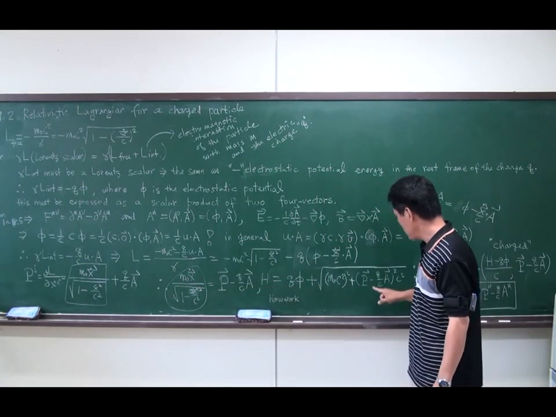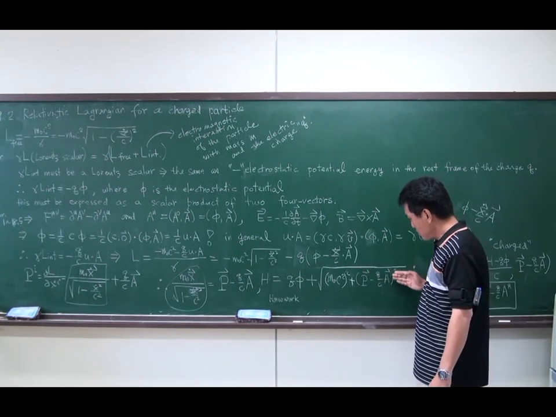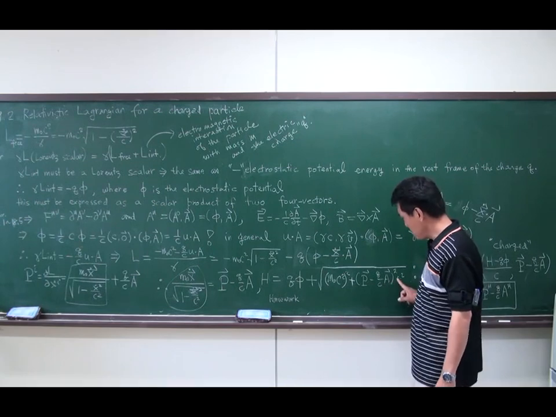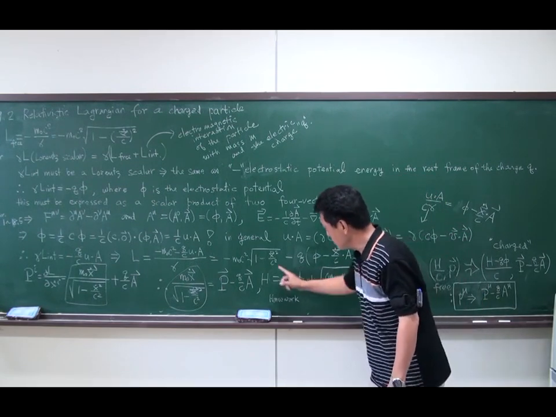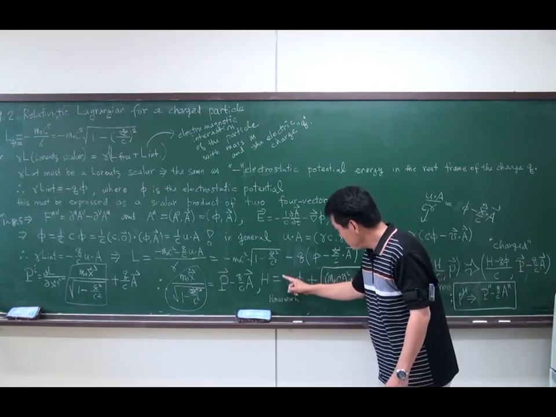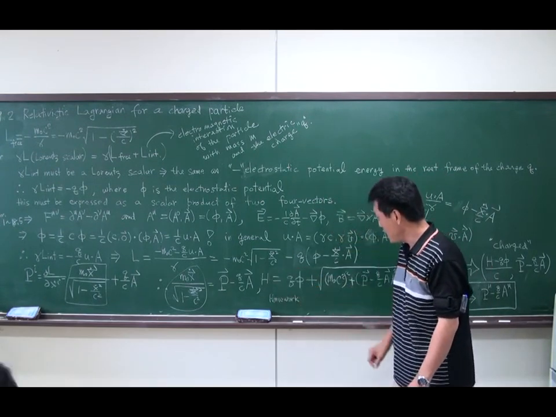If I substitute the momentum part by P minus q over c A, then this is the Hamiltonian of the system. Alright, why don't we move this one to the left hand side?